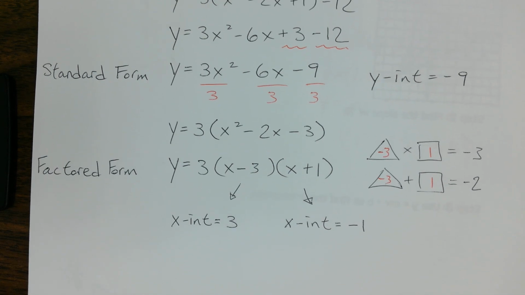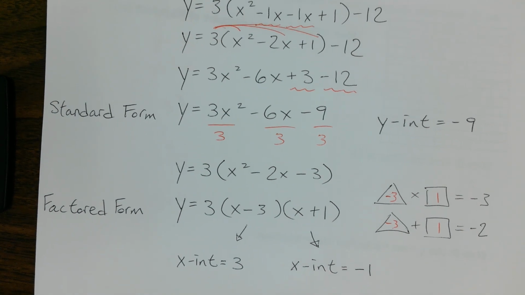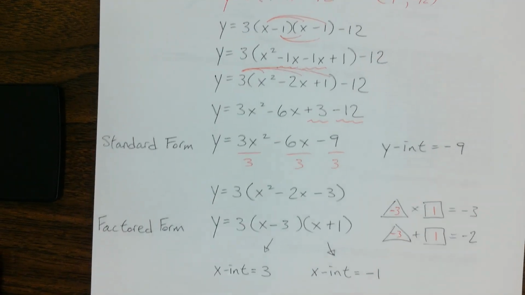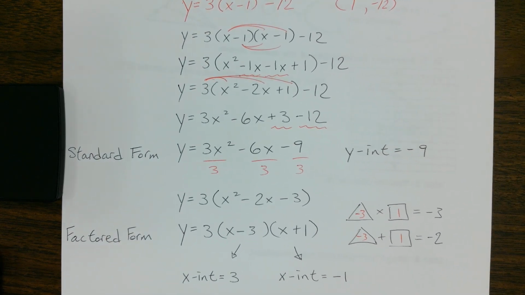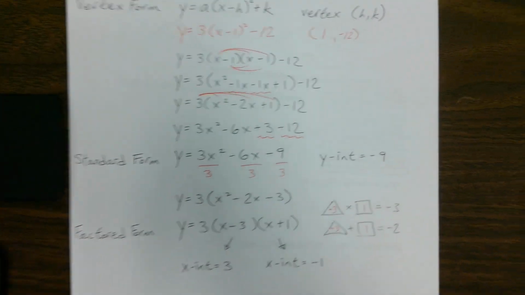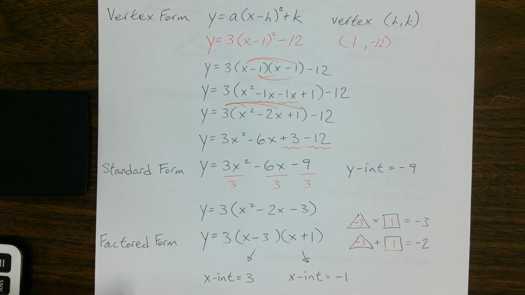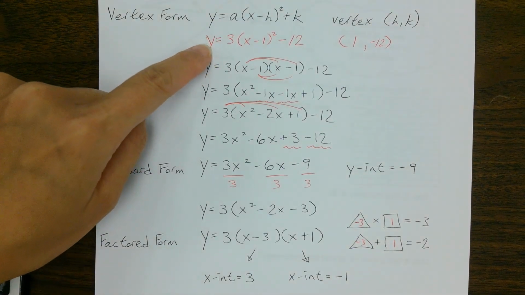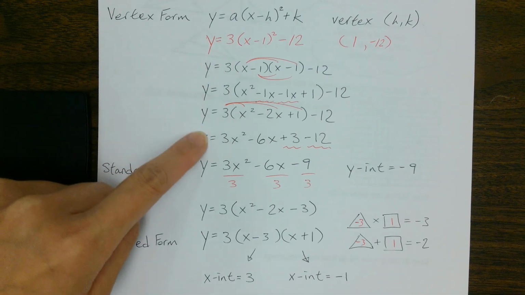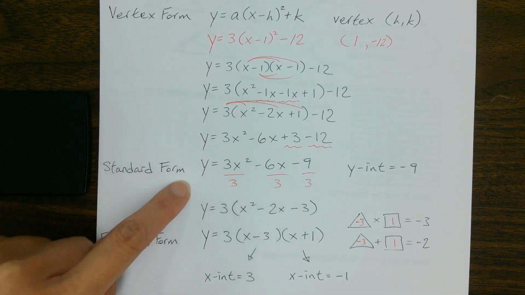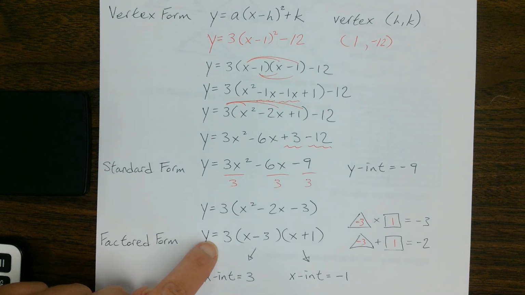So for the test on Friday, I could ask you, given the vertex form, put it into standard form. I could give you the standard form and ask you to put it in factored form.